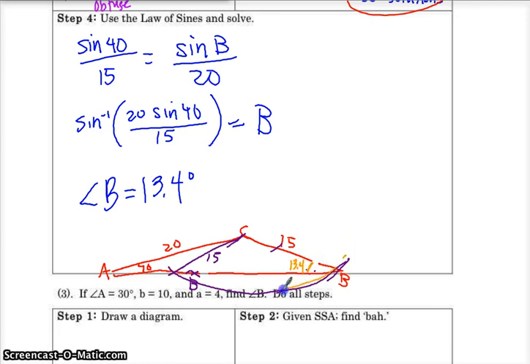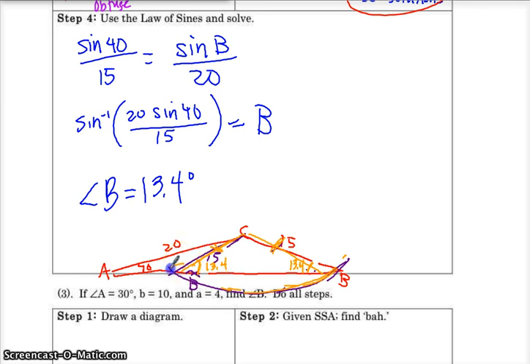Well, if I'm swinging this side length of 15 in, then that means this side is also going to be a length of 15, which means I have an isosceles triangle right here. And if this is an isosceles triangle, that means these base angles are the same measure. So this is also going to be 13.4.